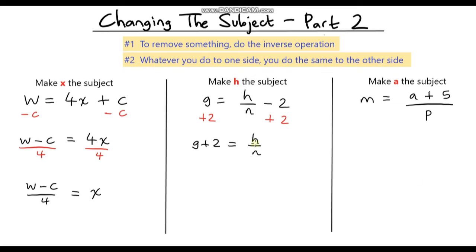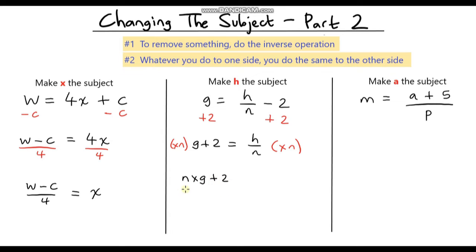Now we're almost there, we just need to get rid of this n. At the moment we're dividing by n, so to remove something we do the inverse. The inverse of dividing by n is to multiply by n. So I'm going to multiply the right by n, and I'm going to multiply the left by n. Now you just need to be a bit careful here. On the left-hand side we're not going to have n times g plus 2. I'm not going to write n times g plus 2.